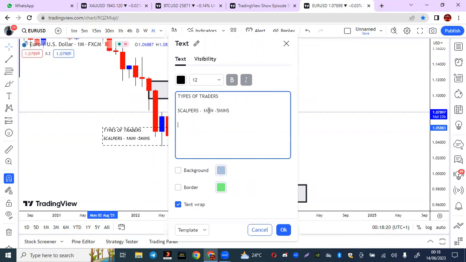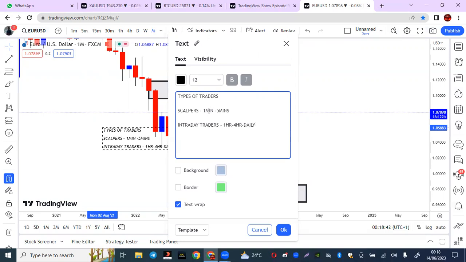Then we have the intraday traders. They trade from the 1 hour to the 4 hour time frame, and sometimes of course maybe the daily time frame.